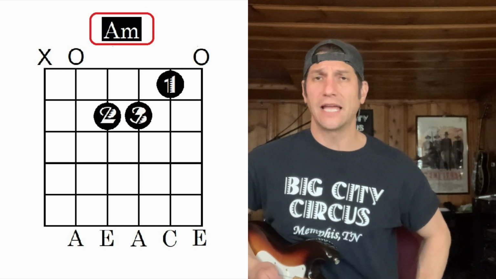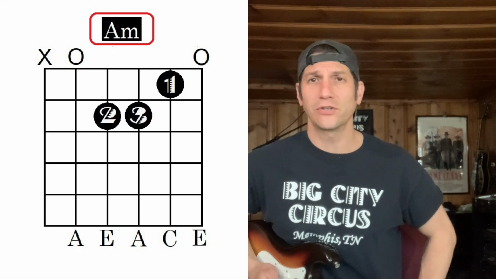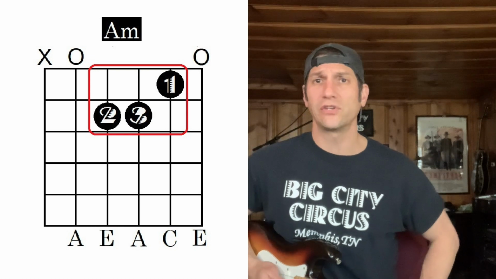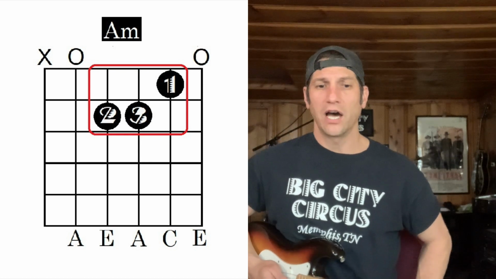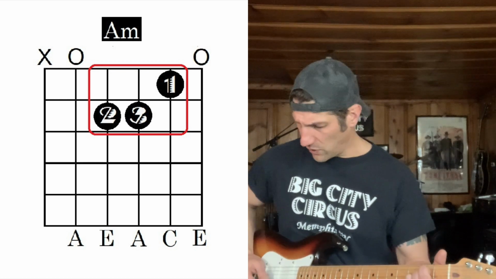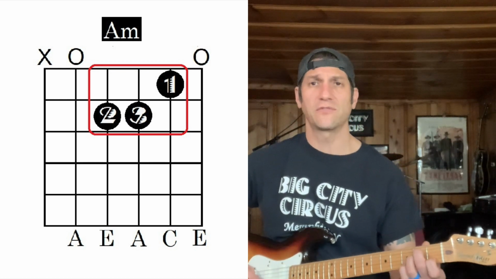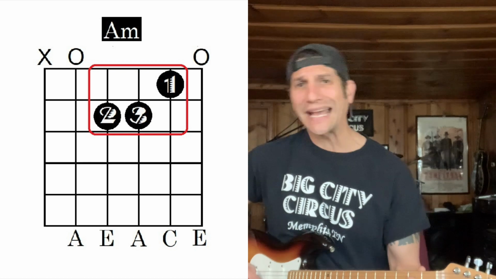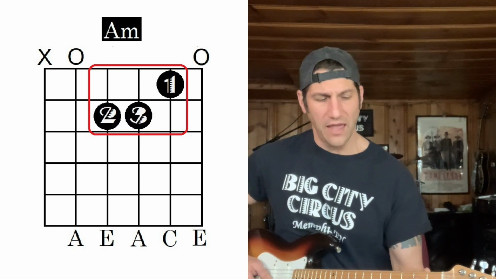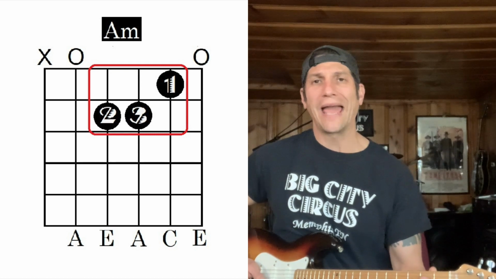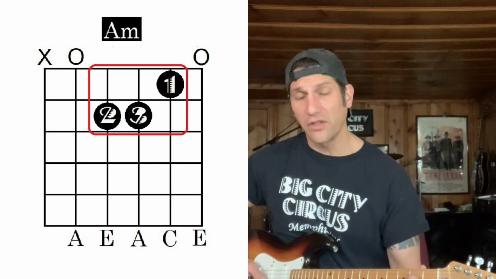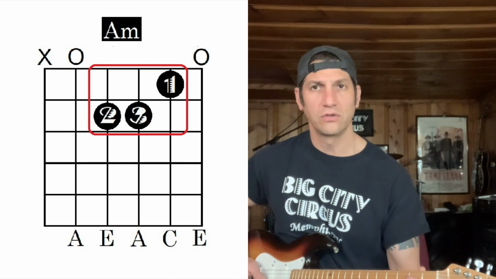And then this next part that we're going to circle here, these are the fingers that you're going to be using to hold down. So you can see we have a 1, a 2, and a 3, and they are showing you in those frets. So your first finger, your index finger, is on the 2nd string at the 1st fret, and then your middle and ring fingers are on the 2nd fret, on the 3rd and 4th strings.